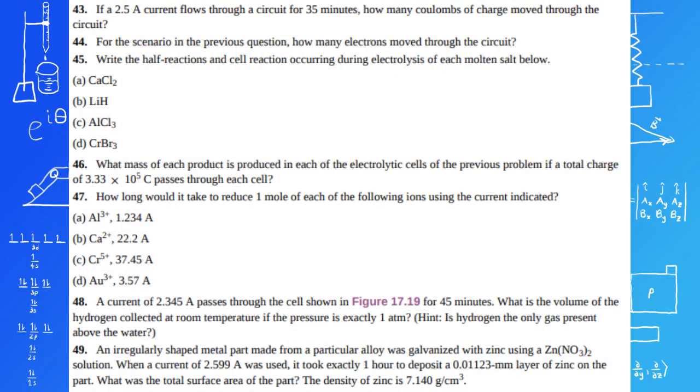And that's what's described in problem 49. So we have an irregularly shaped metal part, and we want to apply a layer of zinc onto it. So we know the amperage, we know the electric current, we know the amount of time it took. They said exactly 1 hour.